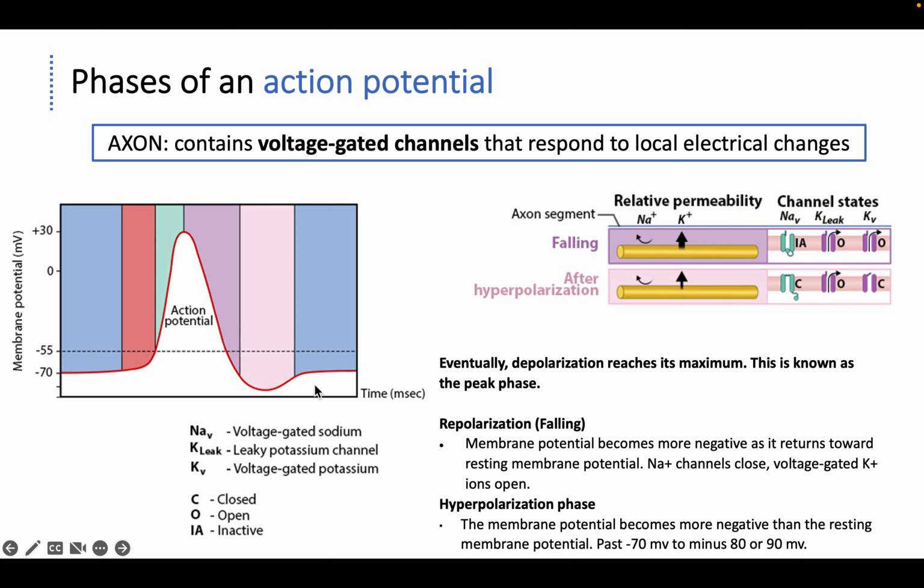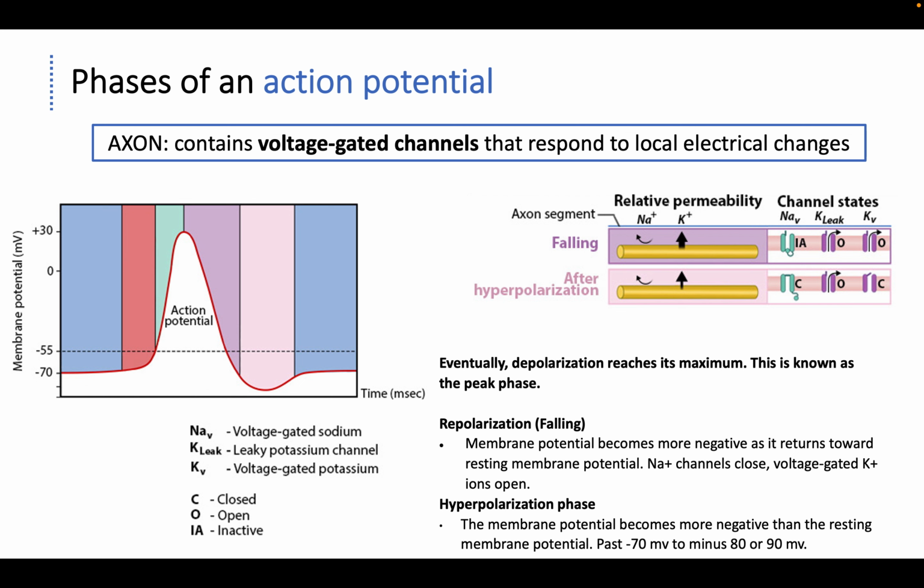Okay. Now, this hyperpolarization phase, all right, what this reflects is the slow nature of potassium channels to close, right? So potassium channels are very slow to close. They respond slowly. And so this allows a little bit of additional and extra potassium to leak out of the cell. And so if that happens, you make the membrane a little bit more negative than it previously was.